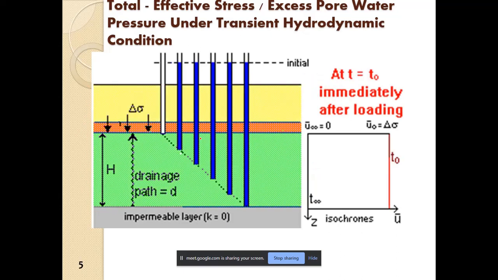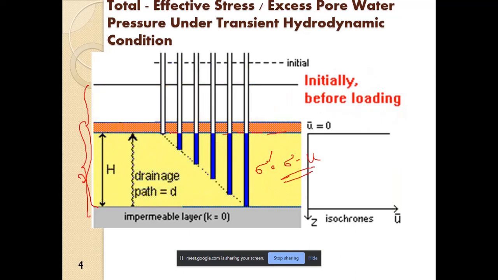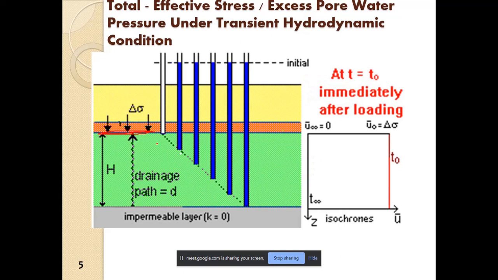Now suppose we suddenly load this soil element at a point here. As soon as we load it, the first thing that will happen is the pore water pressure will shoot up. Why it increases, we will see in the later slides.